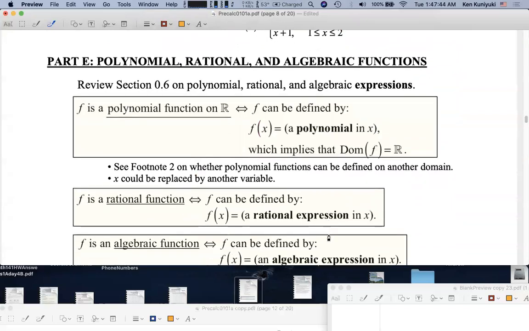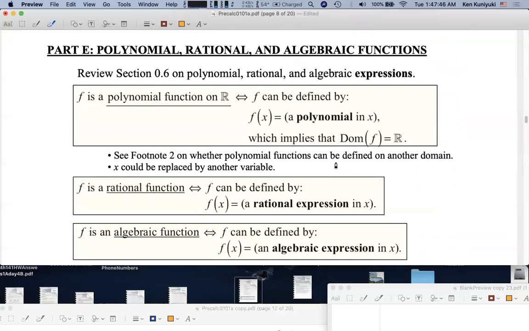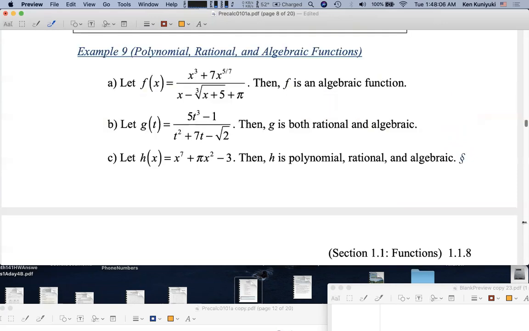Now, we often classify functions based on the type of rule it corresponds to. For example, f is a polynomial function if we can define it as f of x equals a polynomial expression in x, like x squared plus 1, for example. And we can say similar things about rational functions and algebraic functions. So down here, for example, this is the defining rule for a polynomial function.